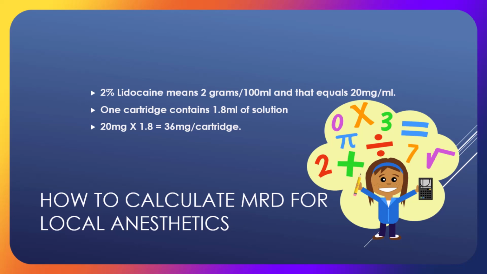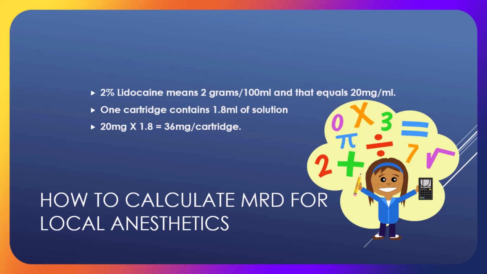So one cartridge containing 1.8 milliliters of solution of a 20 milligram per milliliter solution contains 36 milligrams of local anesthetic drug per cartridge.